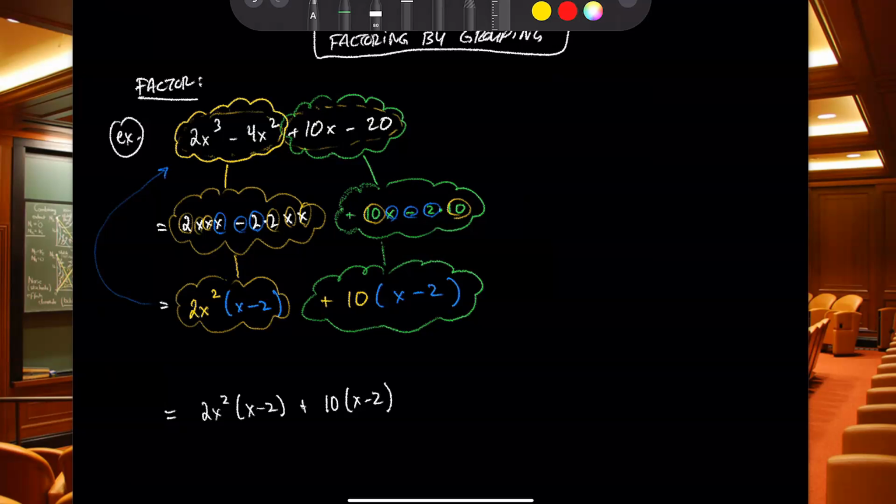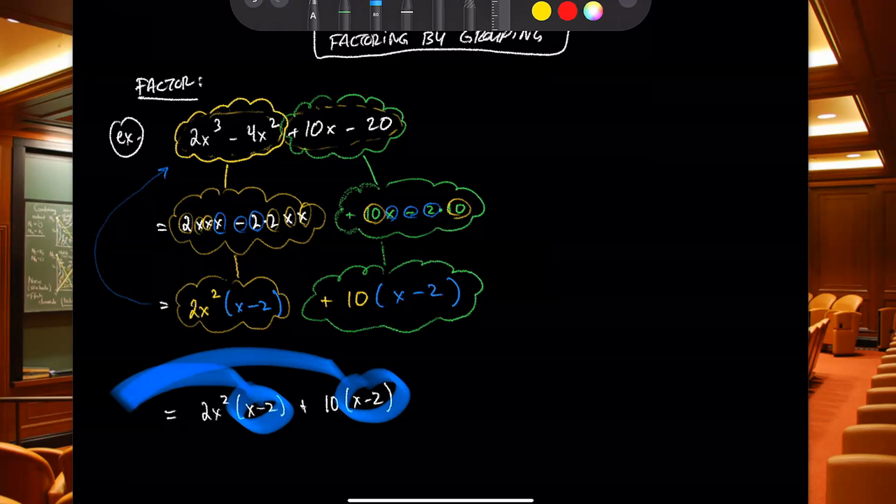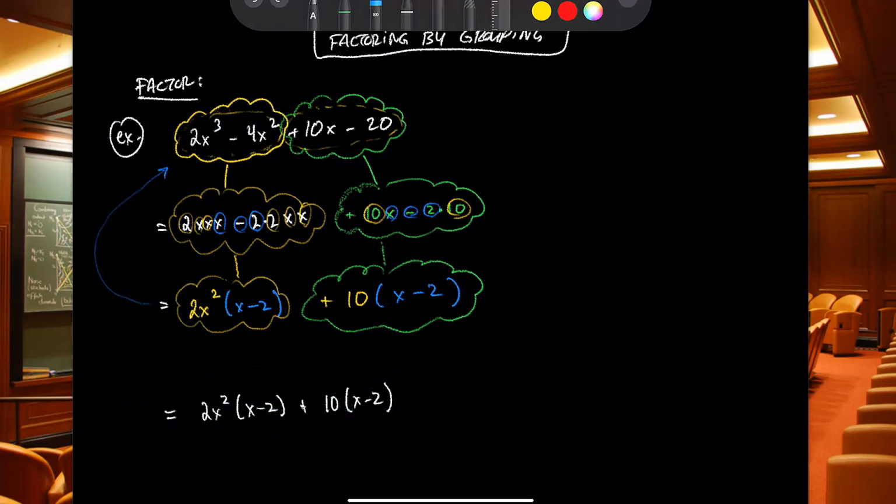The reason is, this has a common factor that's been distributed from something else. Both of these have x minus 2 that's been multiplied in. Our brain plays a trick on us. We see x and 2, we think of them as separate numbers, but really, this x minus 2 is one number.